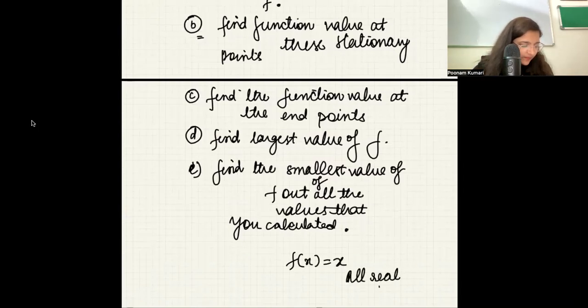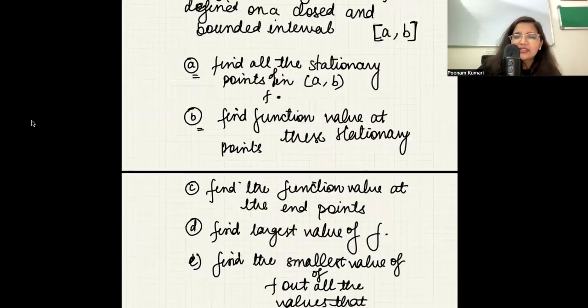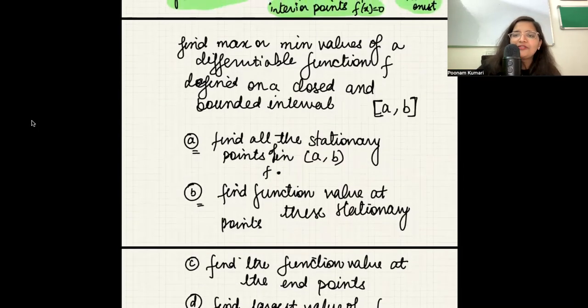Can you tell me what is the maximum value of this? You can't. Can you tell me what is the minimum value of this? You can't, right? So what makes us think that there is a maximum value and there is a minimum value that will exist when we find it like this? So can you think of why we might be able to say that?